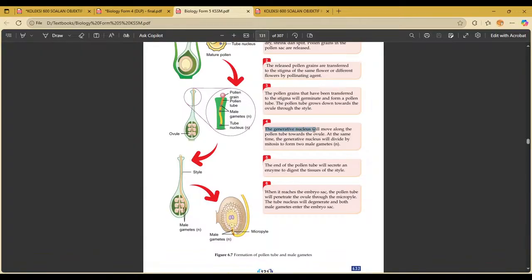The generative nucleus will move along the pollen tube towards the ovule. At the same time, the generative nucleus will divide by mitosis to form two male gametes. The end of the pollen tube will secrete an enzyme to digest the tissue of the style. When it reaches the embryo sac, the pollen tube will penetrate through the ovule to the micropyle. The tube nucleus will degenerate, and both male gametes enter the embryo sac.